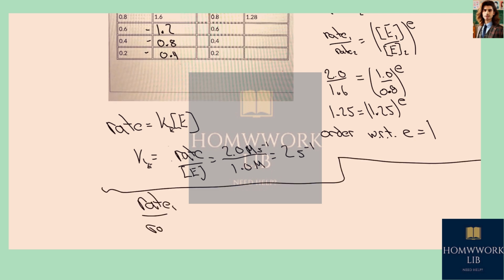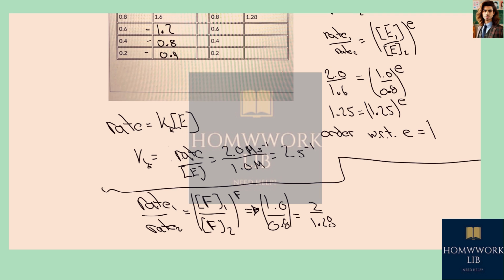Rate 1 divided by rate 2 is going to be equal to the concentration of F in 1 divided by the concentration of F in 2, elevated to the order with respect to F. In this case, this is going to be in order 1.0 divided by 0.8 equal to 2 divided by 1.28, and the concentrations need to be elevated to the F. From here, we get 1.5625 is going to be equal to 1.25 to the F.